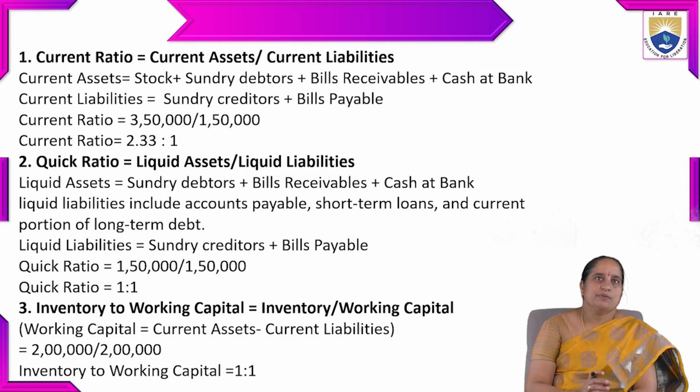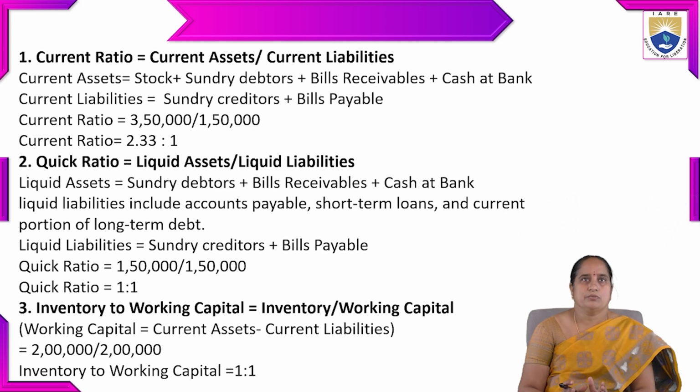First we start with the current ratio. Current ratio is equal to current assets divided by current liabilities. As I told you, current assets are those which can be easily convertible into liquid form, like stock, sundry debtors, bills receivable, cash at bank. These are known as current assets derived from the given problem, and current liabilities are identified as sundry creditors and bills payable.